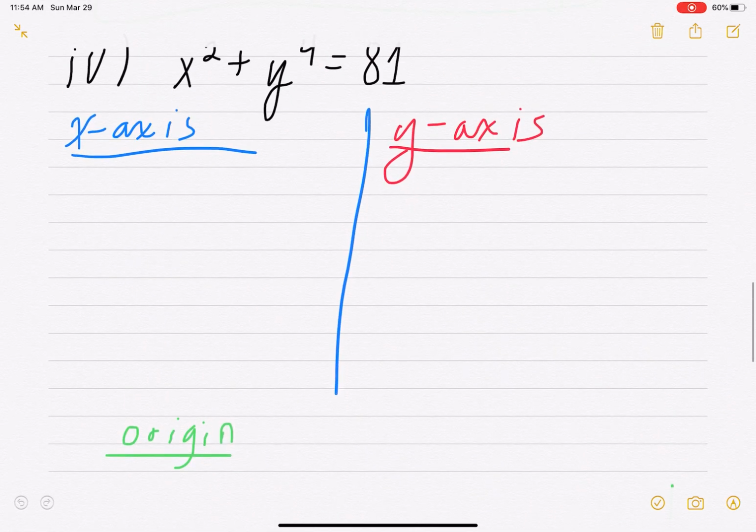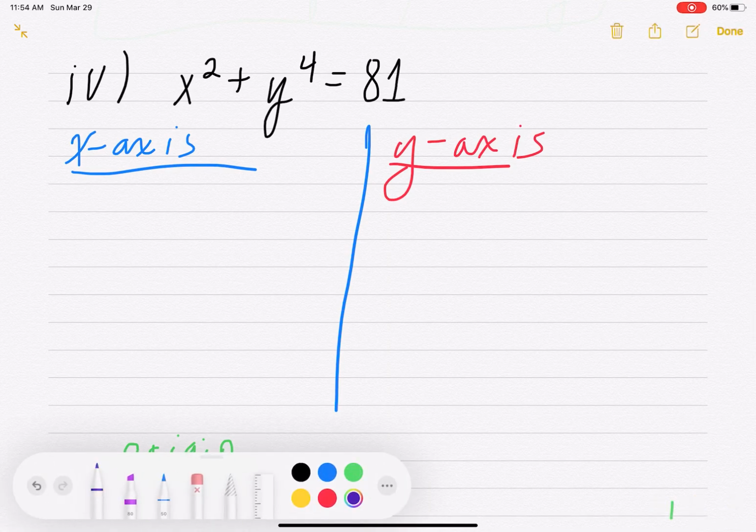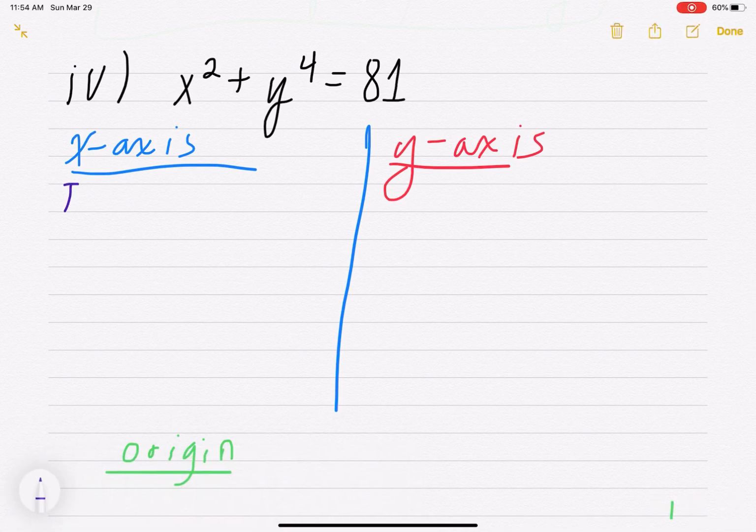Let's start first with the x-axis testing, where we're going to replace y with negative y and see if the new equation is the same as the original.